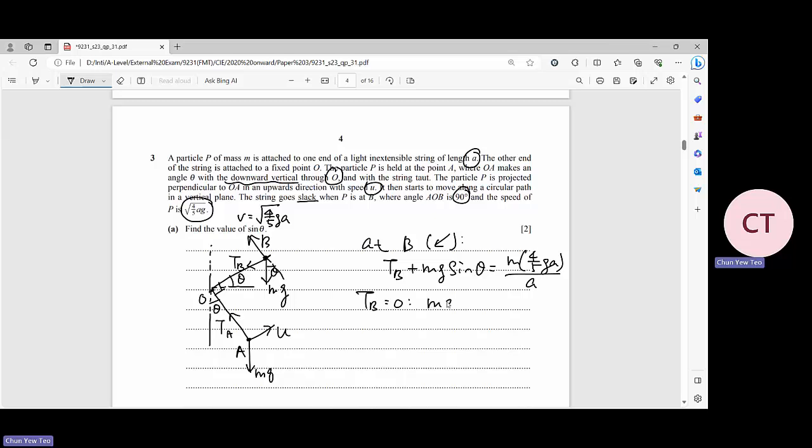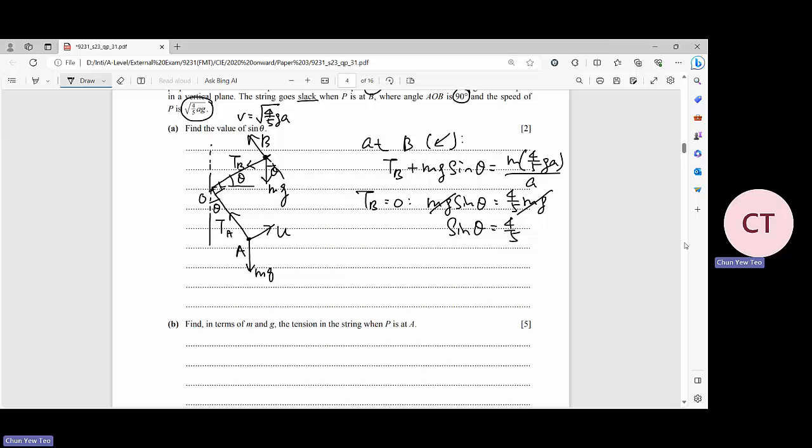That means that my mg sin theta is equal to 4/5 mg. Then mg and mg cancel. Therefore, sin theta is equal to 4/5. Okay, done.